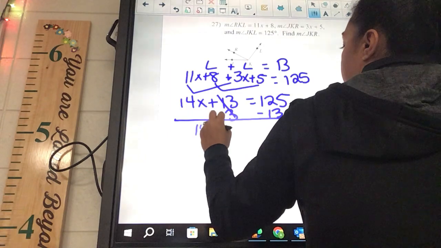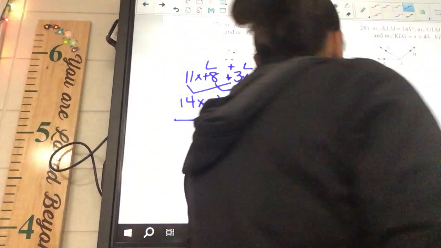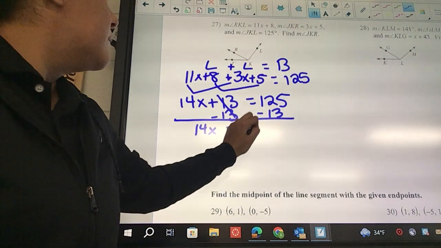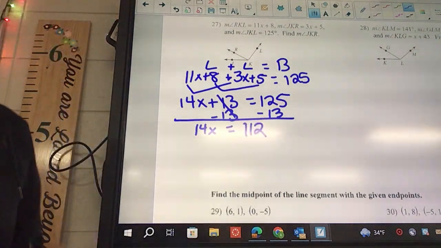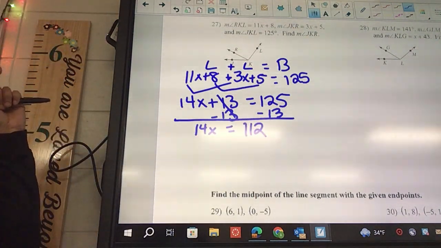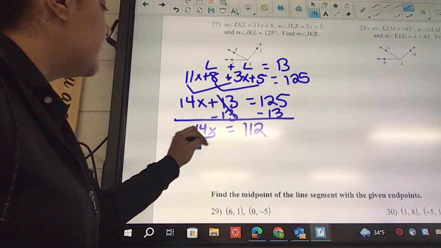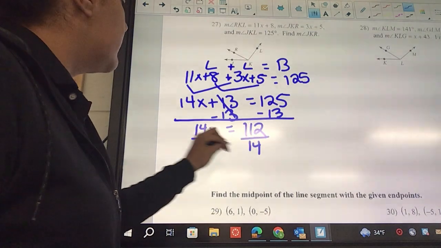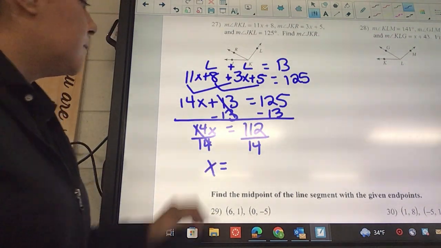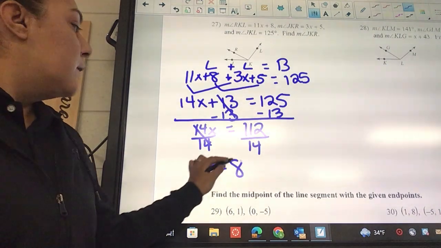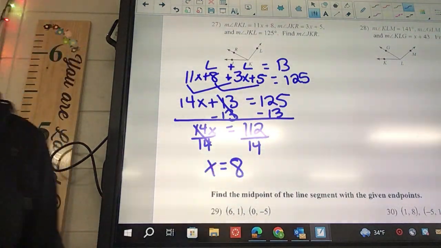So I got 14X equals, what is 125 minus 13? 112. And then what? Divide by 14. And what is that? 8. Okay, do we stop or keep going?